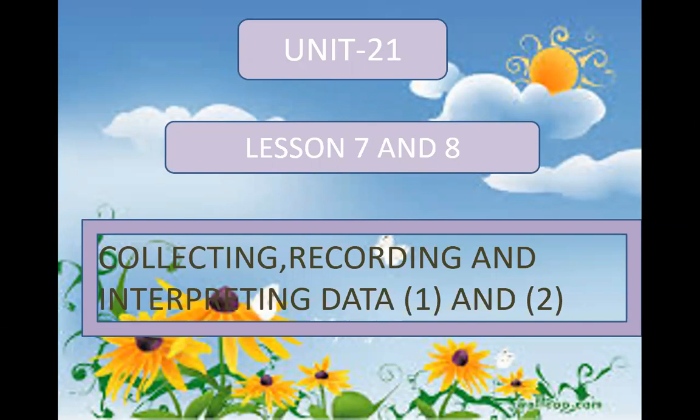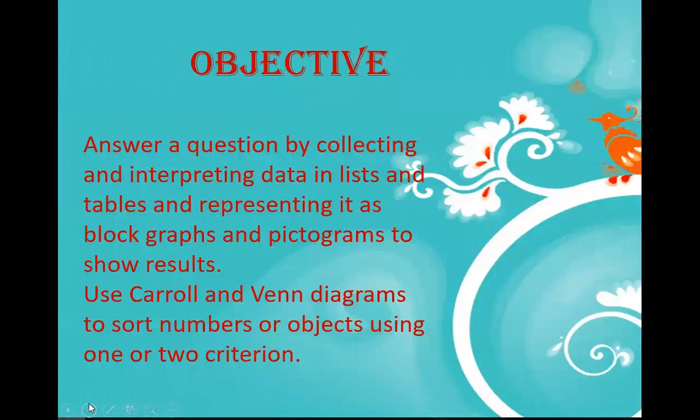It's Unit 21, Lesson 7 and 8, Collecting, Recording and Interpreting Data 1 and 2. Objective: answer a question by collecting and interpreting data in lists and tables and representing it as block graphs and pictograms to show results.